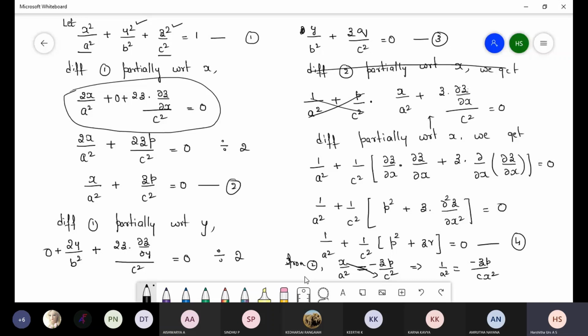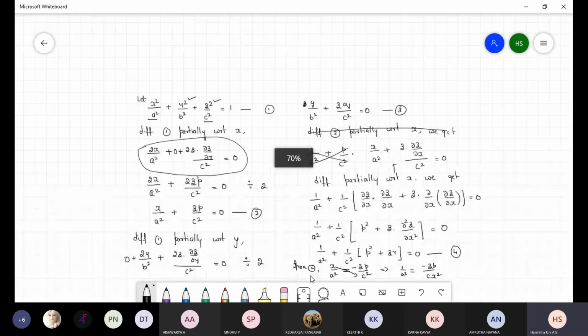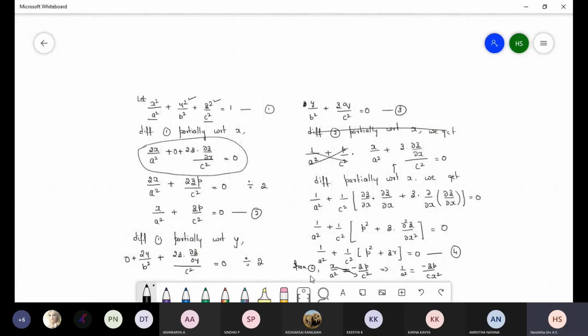In the next line, in the place of 1 by a square, I write this step, equation 4. Equation 4 I will use.